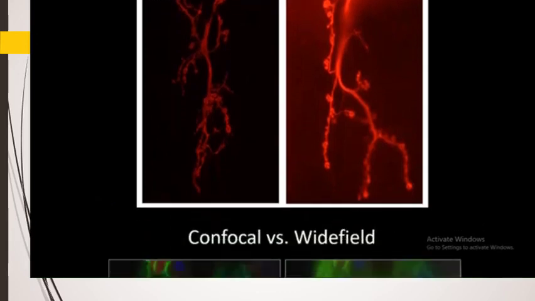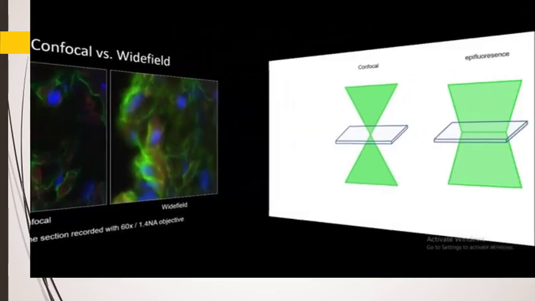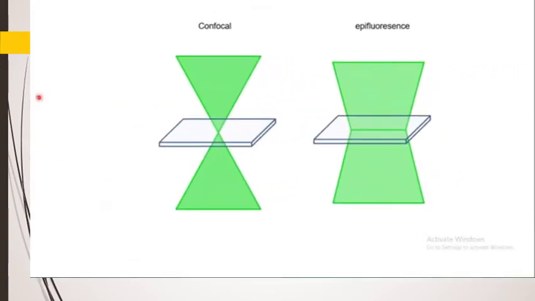Also, in another image, you can see the same. The confocal image is way more sharp and crisp, and the resolution is better in case of the confocal microscope image. And the reason being, confocal uses laser, whereas epifluorescence uses normal light of single wavelength.